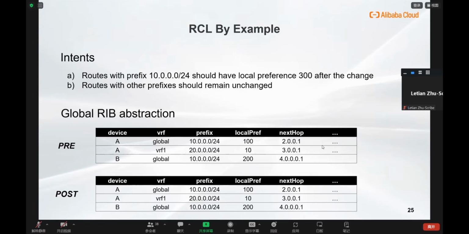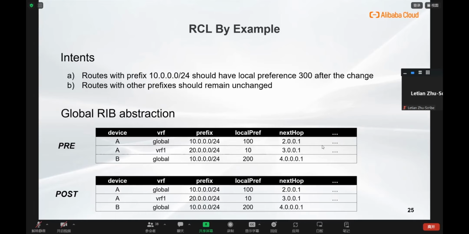So we decided to sacrifice some expressiveness but improve usability. You can view this as a simpler version of SQL, but it turns out it's easier for them to use. That's the major consideration between expressiveness and usability when we designed this language.